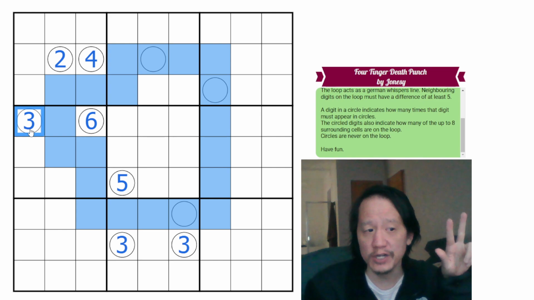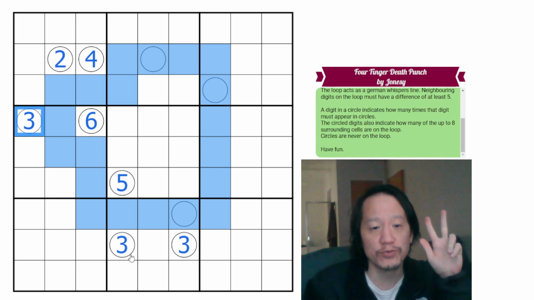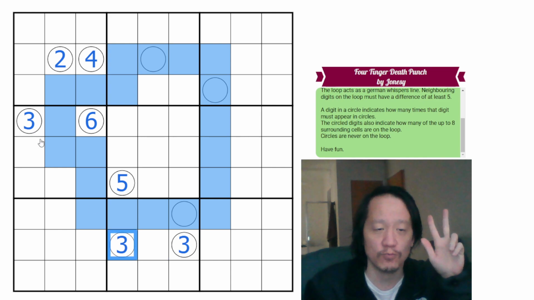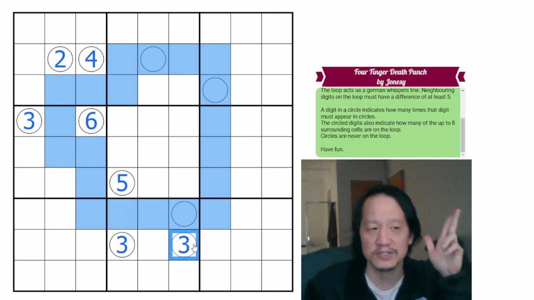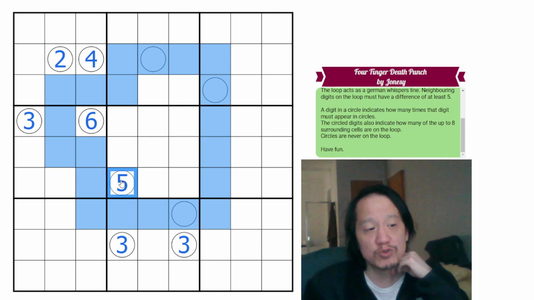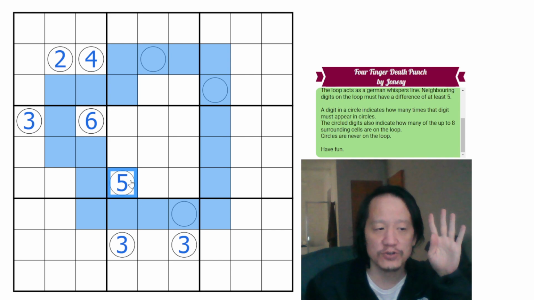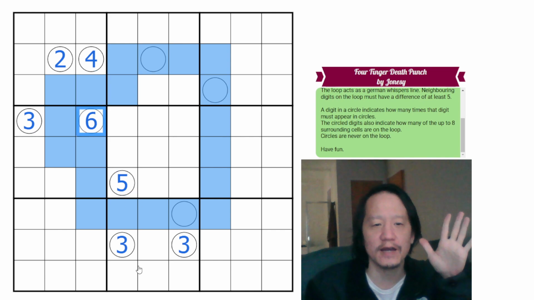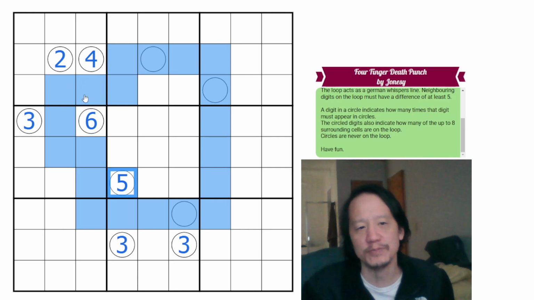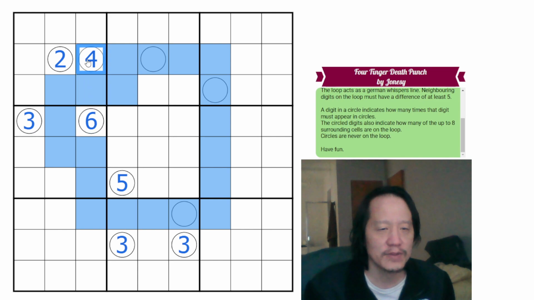If this was 3, that means there would have to be 3 3s in circles, which actually works here because this is 3, this is 3, this is 3. If the 4 was in the circle, this indicates that there have to be 4 4s in circles. This would indicate there's 5 5s in circles, but obviously this can't work correctly because there are too many digits now in circles, and we only have so many circles.